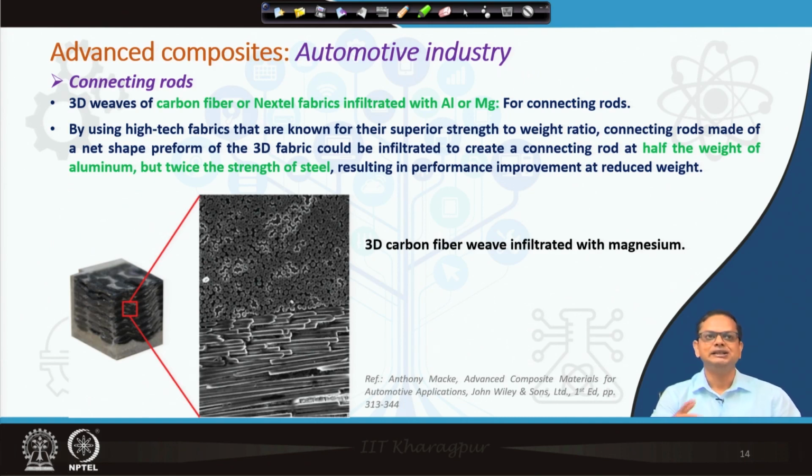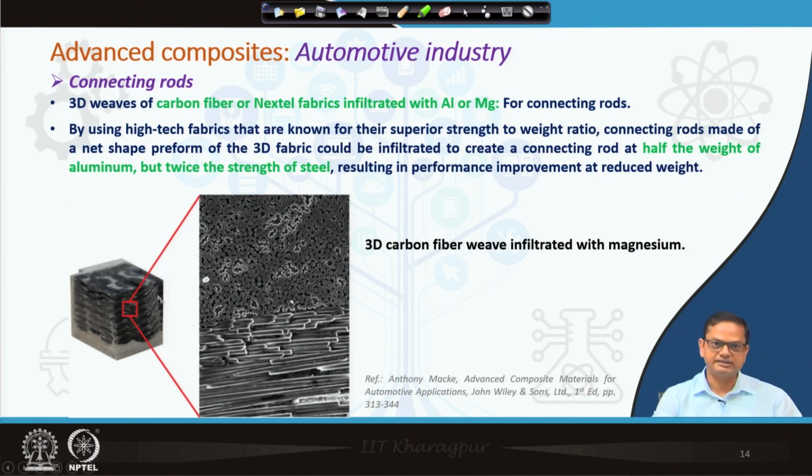Preform is basically loosely bound fibers which will be having good amount of porosity, and these porosities will be infiltrated with molten metals, or in some cases those porosities will be filled with some matrix material by different techniques. There are different techniques available. So, the preform is the loosely bound fiber material which will be containing good amount of porosity, and this porosity will be filled by matrices by different methods.